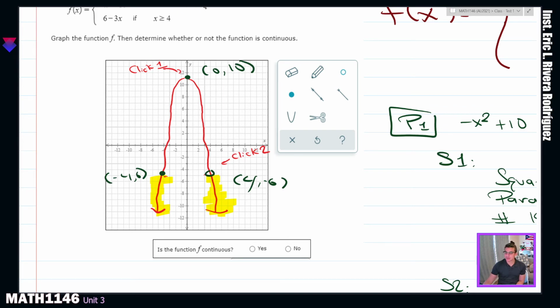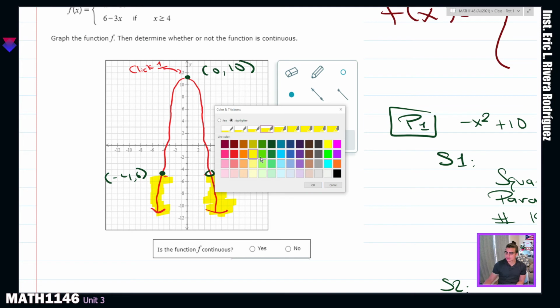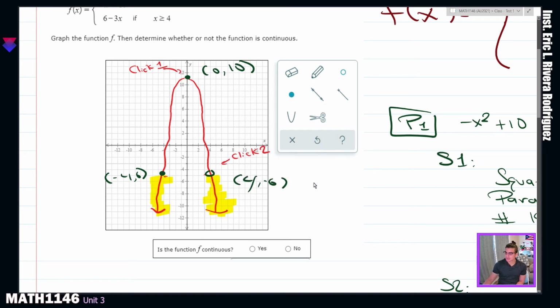Then what you're going to do is to use the scissor tool. All right. When you click there, now you can click on top of the graph and on the boundaries, and you will see a cross on those clicks.